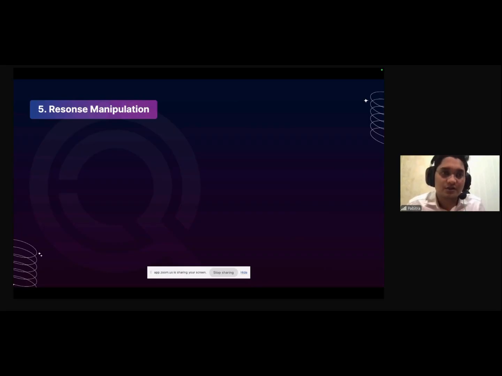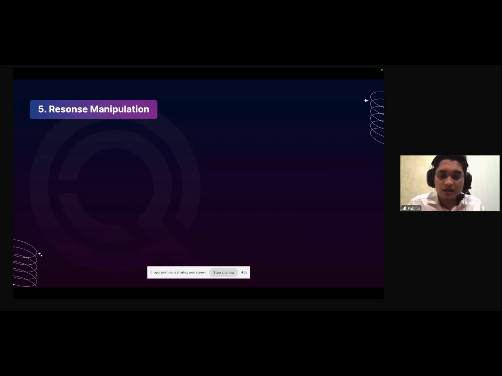And the fifth one we listed was not very common earlier, but recently, due to our R&D support, we encountered that there is a certain level of security issue that we can find, right? This is a new issue that we have added to our list, and we found that every application has some issue related to this. The issue is response manipulation.